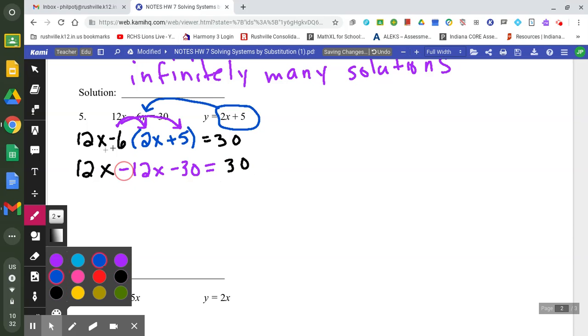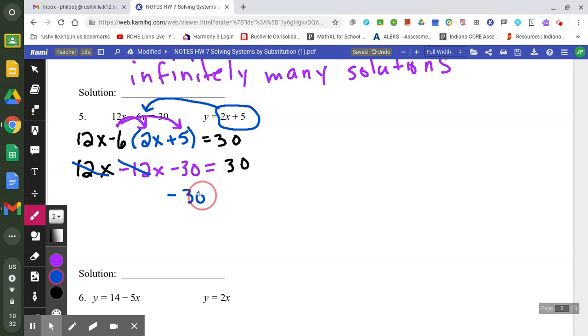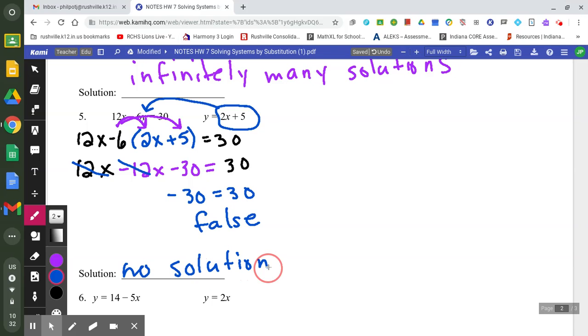And then I have my 12x and minus 12x that cancel. So now I have negative 30 equals 30, which is false. So this is no solution. And in Math Excel, it might say empty set. That's the same thing as no solution.